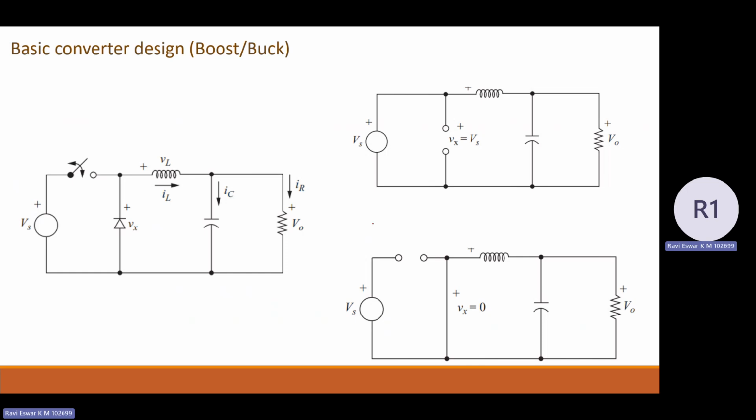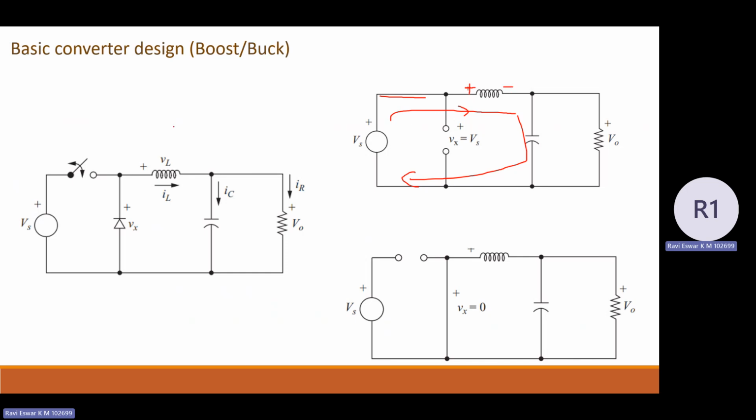Now let us see the operation of this buck converter with some modes. In mode 1, when I turn on the switch, as I said, the inductor is in charging state. If you apply KVL in this loop, let me take the current direction like this as a reference, and at the same time the inductor polarity as a reference, plus here, minus here.